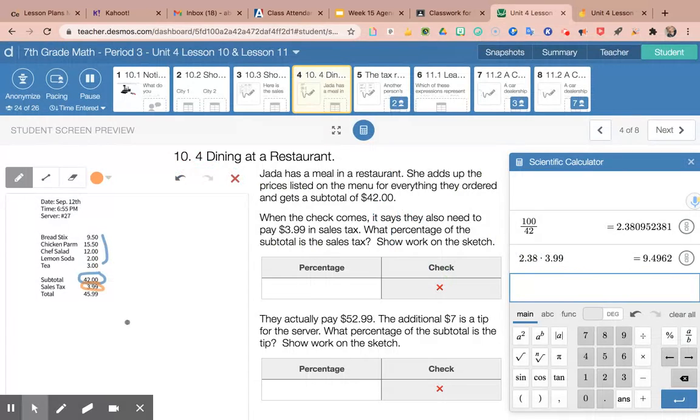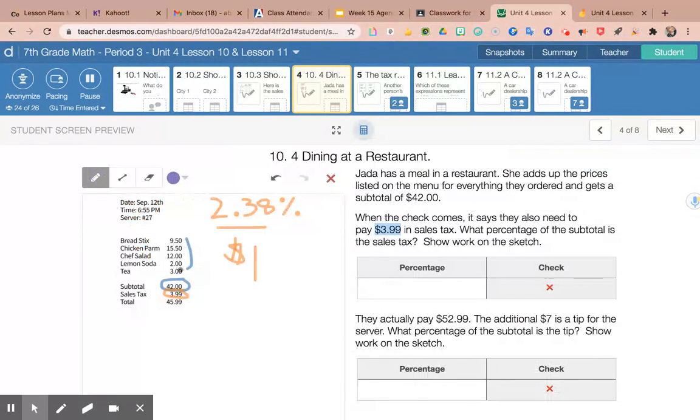So over here on your work, you could put for $1. For your work, because you got to show work, right? For $1, we found that it was 2.38%. So I multiplied that by $3.99.